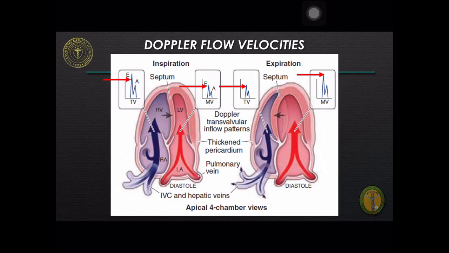The tricuspid valve and pulmonic valve velocities decrease with increase in the mitral valve, pulmonary veins, and aortic valve flow velocities. The significant increase in tricuspid valve velocity is more than 40% during inspiration, while in the mitral valve, it is more than 25% during expiration.